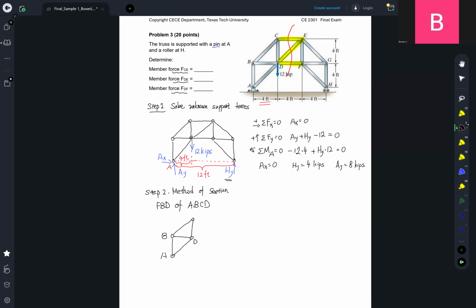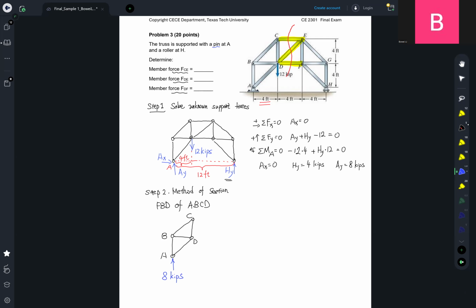At A we have a support force Ax and Ay, right? Given that Ax equals 0, we can just ignore it, and Ay equals 8, and it is positive, meaning that the direction is just as we assumed, going upward, right? We have 8 kips here.